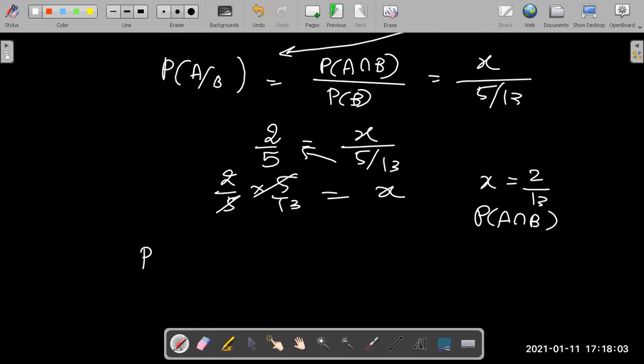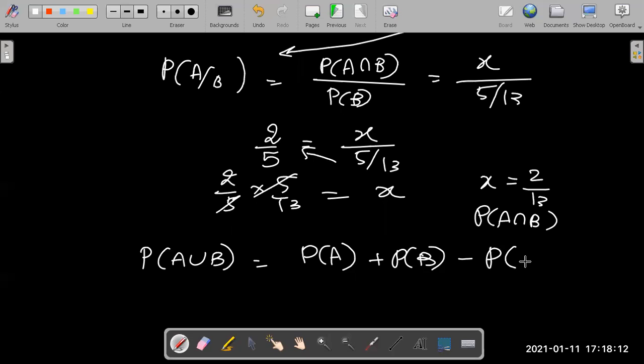Now we are using the formula probability of A union B equals probability of A plus probability of B minus probability of A intersection B. So probability of A, we got that 5 by 26. Probability of B, 5 by 13. And probability of A intersection B is 2 by 13.